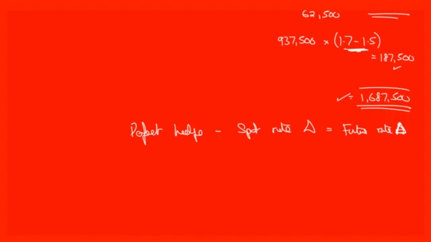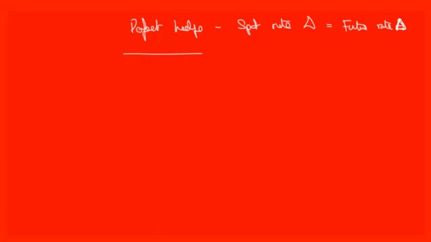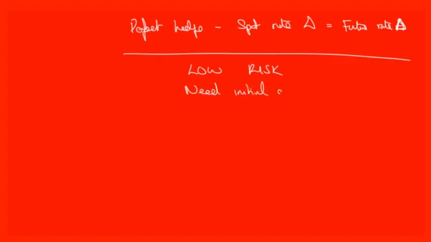Don't forget, with futures contracts there are another couple of things. It's very low risk because it's done on big exchanges, so you don't have any risk that someone's going to default on you. But you do need to put an initial deposit down with the bank in case you start losing money.